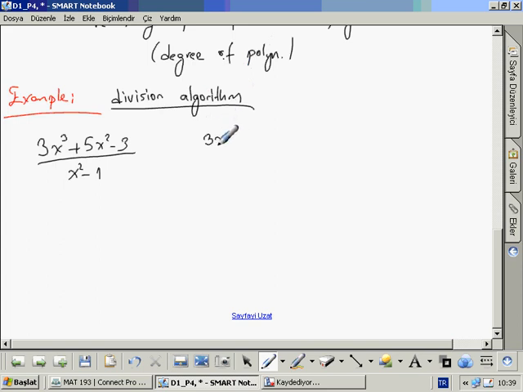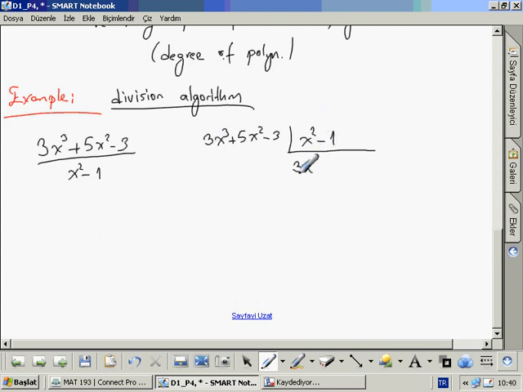When you multiply x squared by 3x, you will obtain 3x cubed.